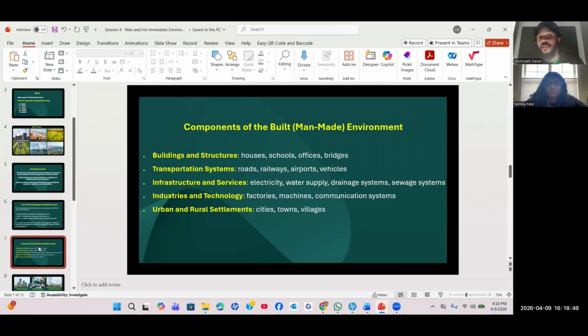As you can see on the screen, for buildings and structures, we have houses, schools, offices, and bridges, right? For transportation systems, we have roads, railways, airports, and vehicles. For infrastructure and services, we have electricity, water supply, drainage systems, sewage systems. For industries and technologies, we have factories, machines, communication systems, and for the urban and rural settlements, we have cities, towns, and villages.